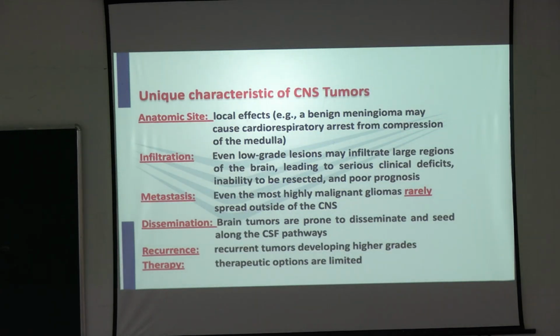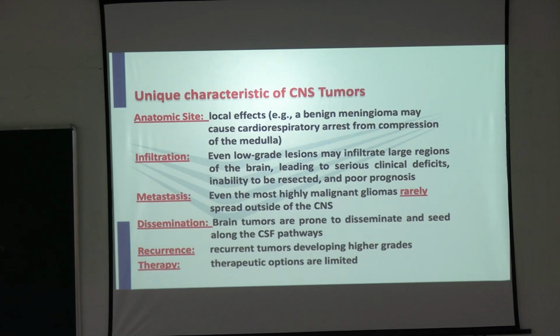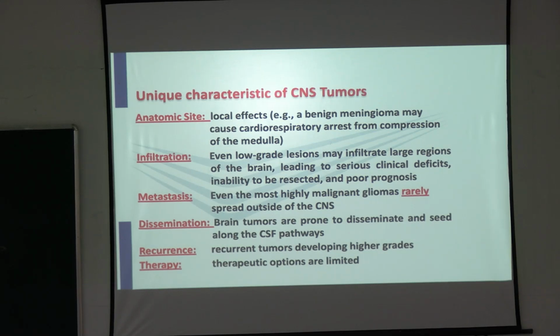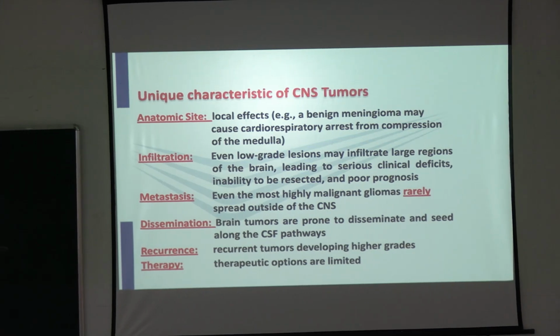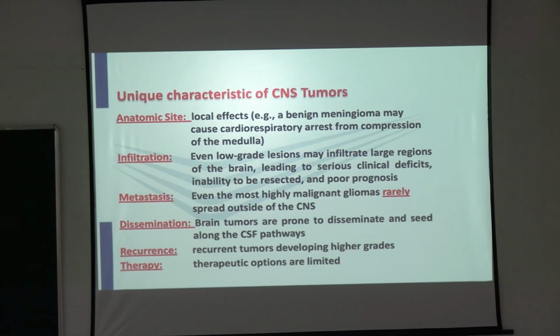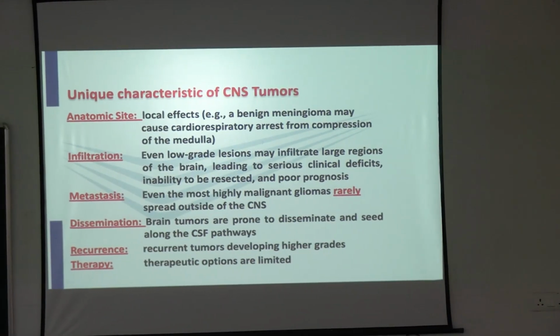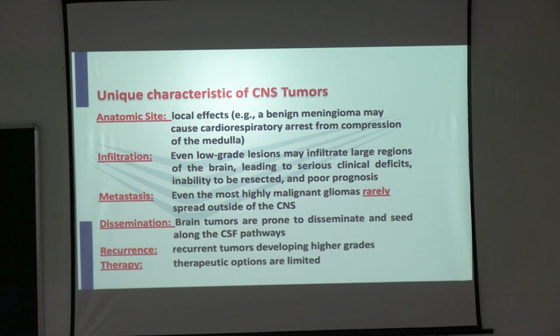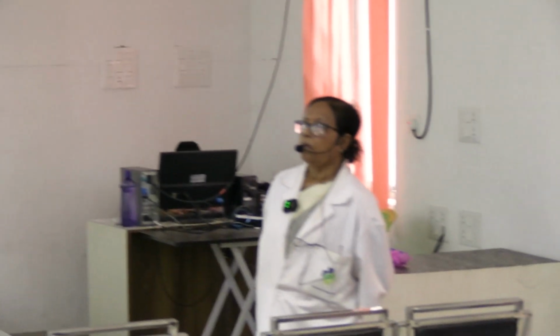So what are the general characteristics of CNS tumor? It depends on the anatomical location. There are various vital functions governed by the cerebral hemisphere, the forebrain, midbrain, hindbrain, brainstem and medulla. Tumors arising from those different areas obstruct the vital structures according to location.